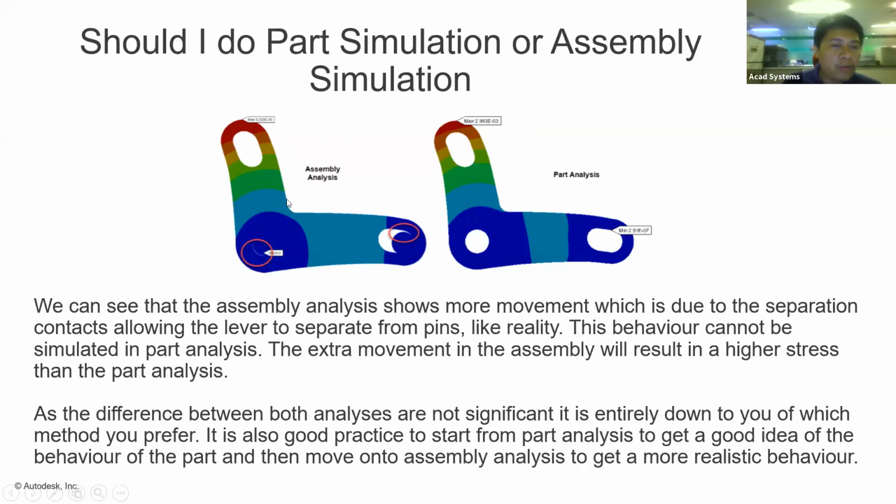But when I use assembly analysis, the simulation result will become 0.00324 something. So this will be the area that you need to know. And my suggestion, better you go with both. Try to practice, try to do some sort of study for part analysis and also for assembly analysis, so that will give you a clearer idea.